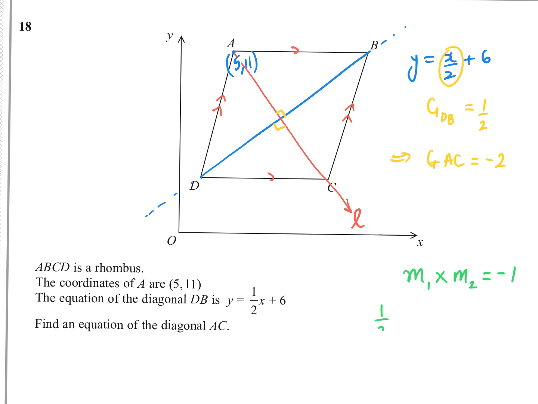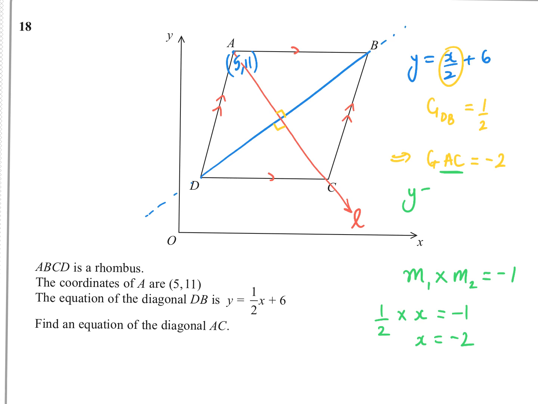So if you know one of them and you want to find the other, well, in this case you can times both sides by 2 here, and you get x is -2, i.e. the gradient of the other line is -2. So we know that the gradient of the line AC that goes through A and C is -2.